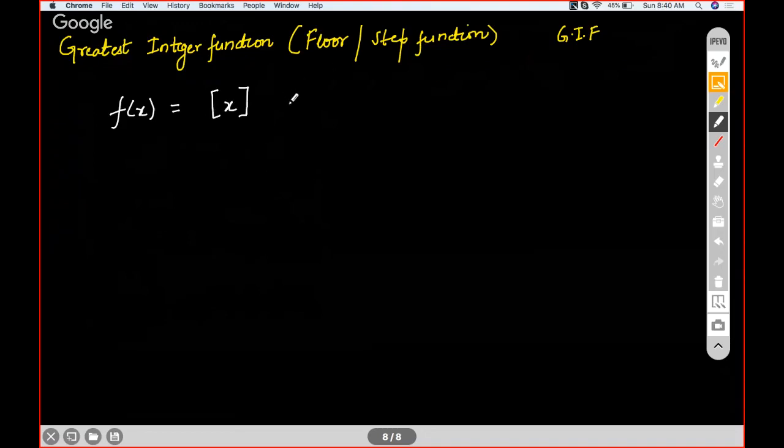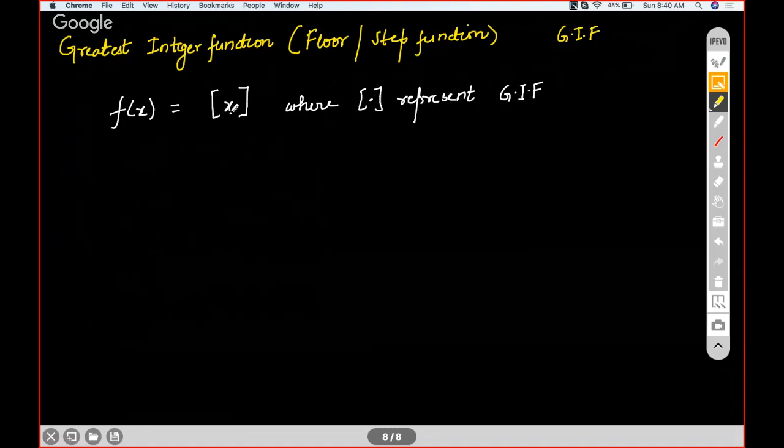In the question you would be given specifically where this represents the greatest integer function. They will not probably use the GIF short form. They will write the whole thing. Because many people will not understand what GIF is. They will confuse it with the GIF that we put on Facebook and WhatsApp.